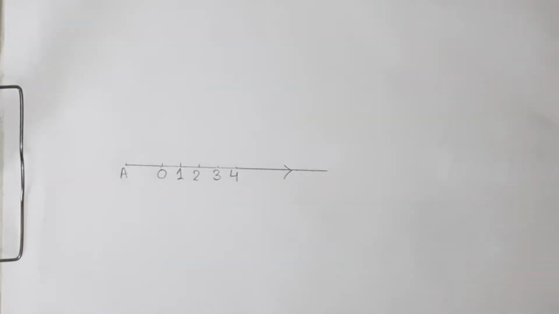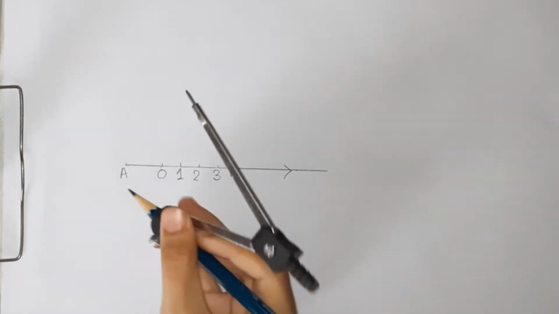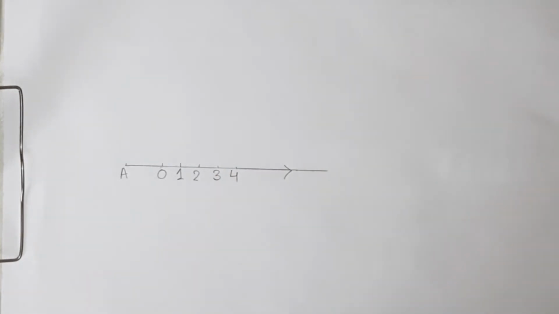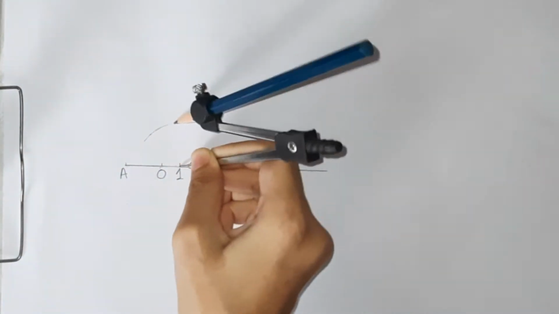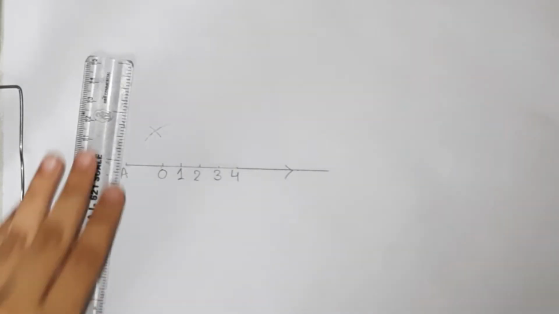Now we are going to find the midpoint of A to 1. So let's see how we are going to find the midpoint. We'll take more than half and then we'll cut an arc here. The same way we'll cut this side also. Now we'll draw a straight line.